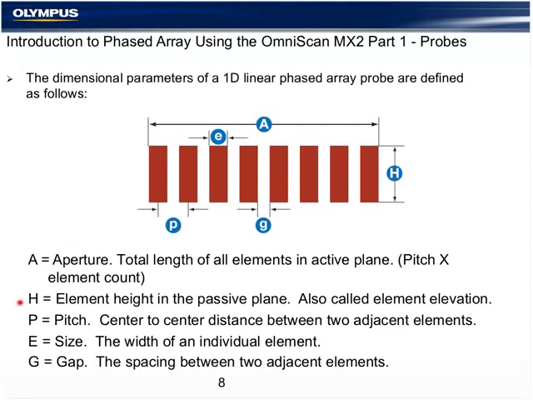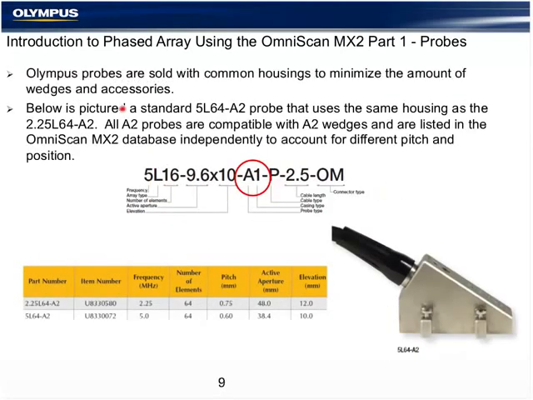The element height, or also called the elevation, in this axis, the pitch of the probe is primarily what calculators will use to define the size, and it is a center-to-center spacing. Again, 0.6 millimeters, 1 millimeter is typically what we use for most weld inspections. The Olympus probes come with a housing family that makes compatibility between the different wedges easy.